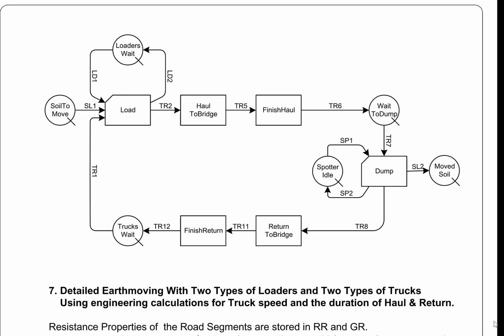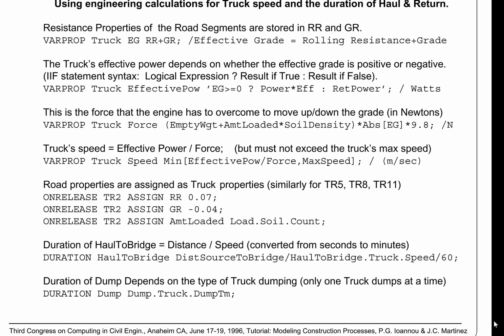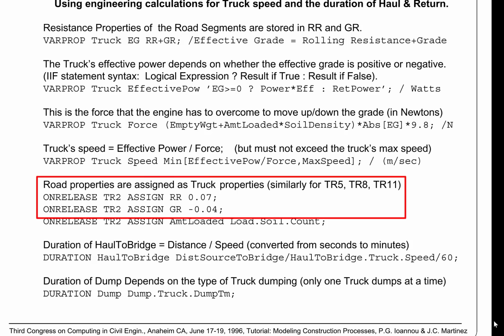For example, when a truck is being released through link tier 2 to a new instance of haul to bridge, we can store into RR and GR the rolling resistance and the grade of the road from the load location to the bridge when the truck is going downhill. This is accomplished by the first two on-release statements for link tier 2.